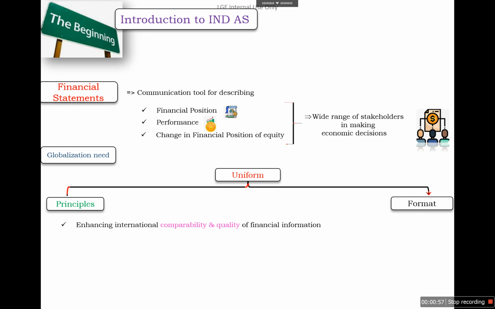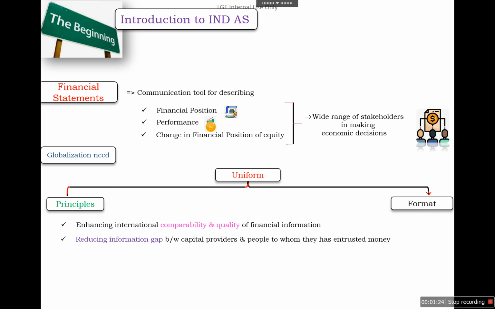Earlier, different countries were using different accounting standards, and the information was not comparable and not of that quality. It will reduce the information gap between the capital providers, the people who are investing money, and it will increase the transparency of the information provided, because similar principles are used for presenting the information in the financial statements.